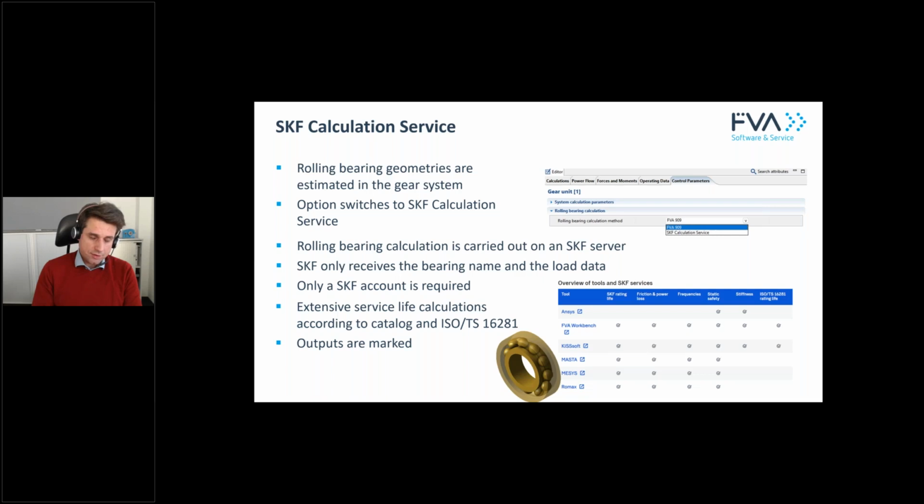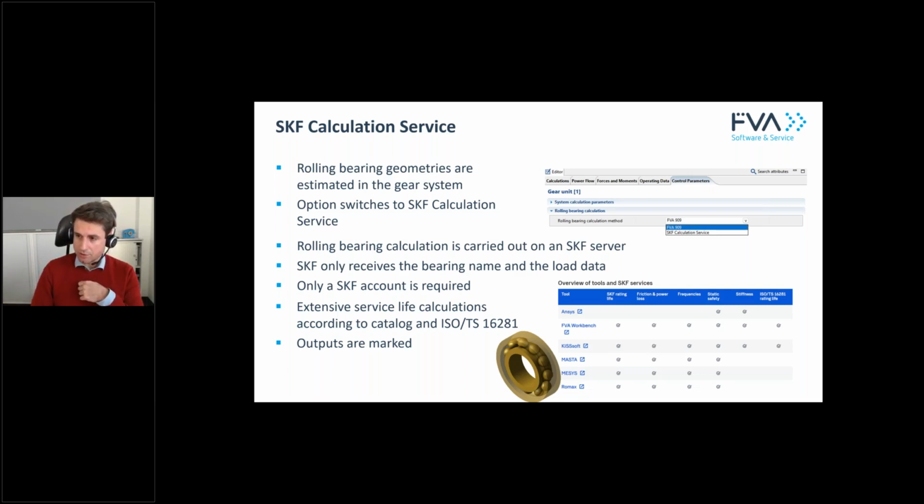And I think it's quite beneficial here to use the SKF calculation because even in a very early stage of your gear design, your gearbox design project, you can get feedback from SKF without contacting SKF directly, but you have access to their results and their simulations.